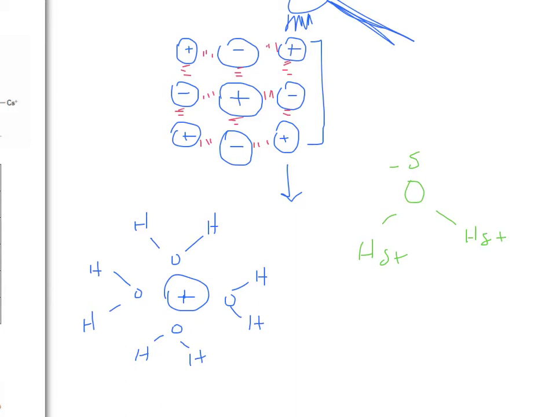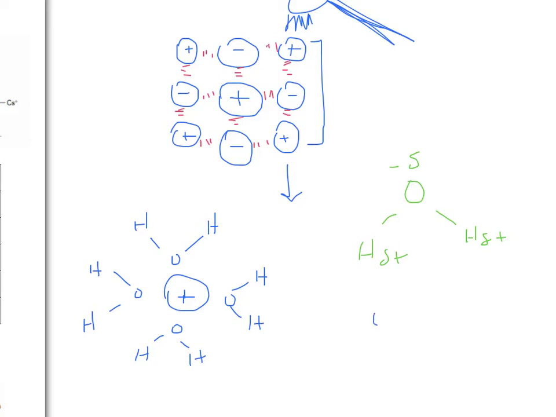So I'm breaking 6 ionic bonds, but I'm making over 100 ion dipole attractions. The energy released making those ion dipole attractions is greater than the energy required to break the ionic bonds in the crystal most of the time. So that's why some ionic compounds dissolve.